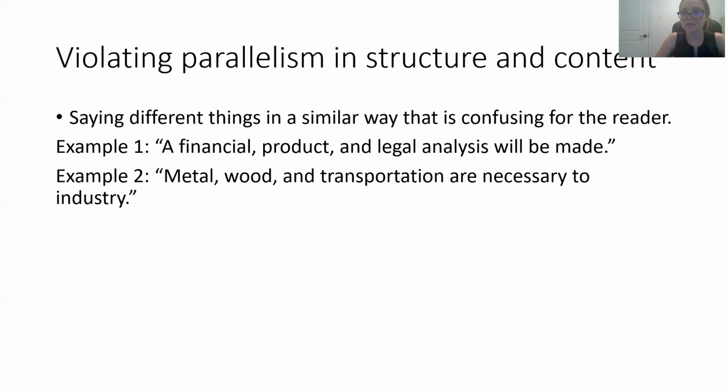Okay, so here we see metal and wood. Those are similar types of things, right? Metal and wood are both tangible products. When we move to transportation, that's a completely different type of word. Transportation is more abstract.